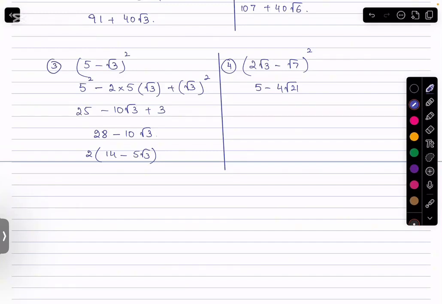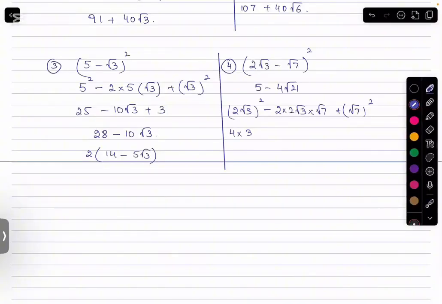चलो चेक कर लेते हैं कि क्या मिस्टेक हो रही है. Now you should say this is 2 root 3 the whole squared, and then it's minus 2 times 2 root 3 times root 7. ठीक है? And then it should be positive root 7 the whole squared. ऐसा ही है? Yes. Right? That this becomes a 4 times 3.